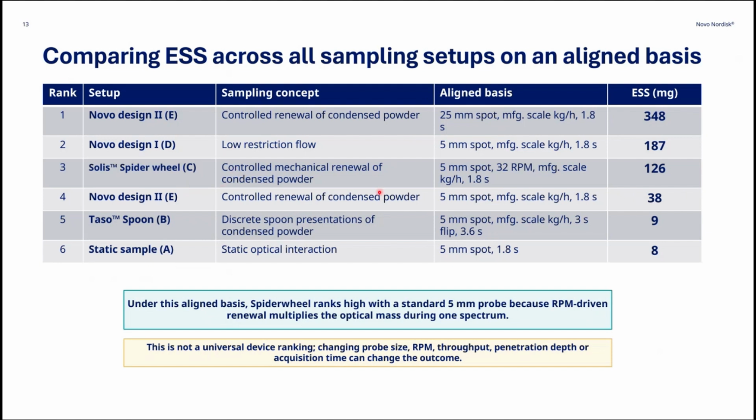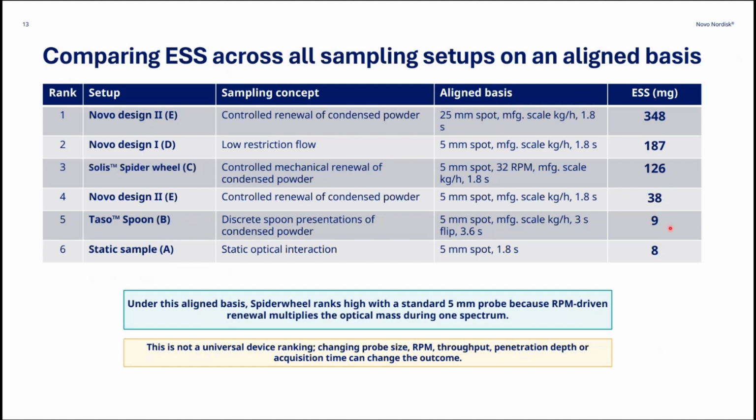We have another design where we have very low restriction flow, but we could actually also get very high effective sample size. The spider wheel on the same time scale, 126. And then if we go to the vertical situation again with controlled renewal with the small spot size, it was 38 milligrams in 1.8 seconds.